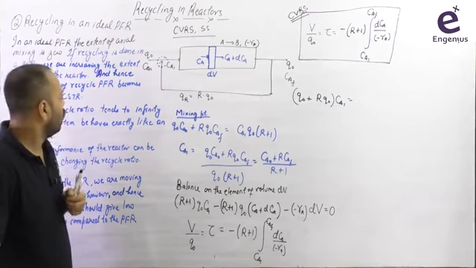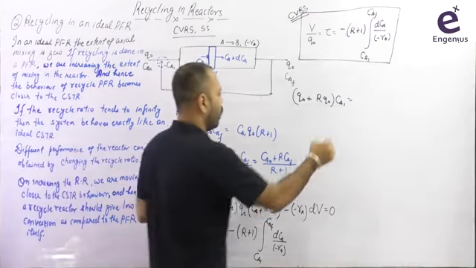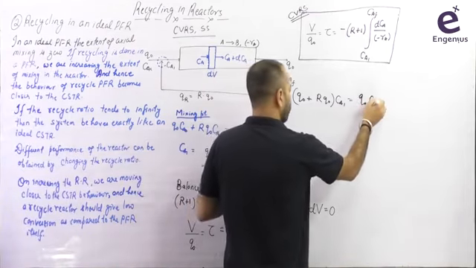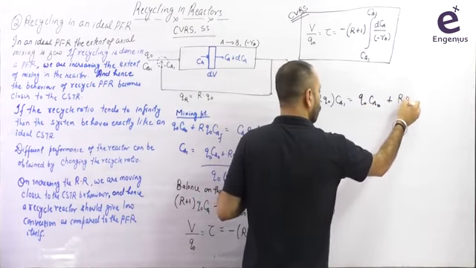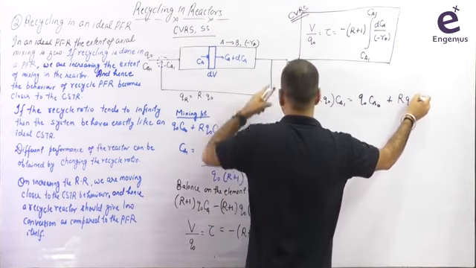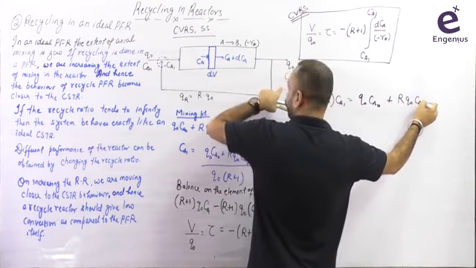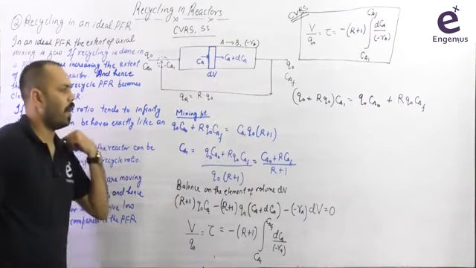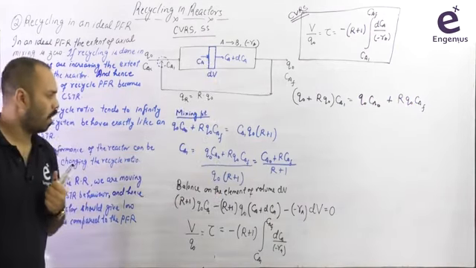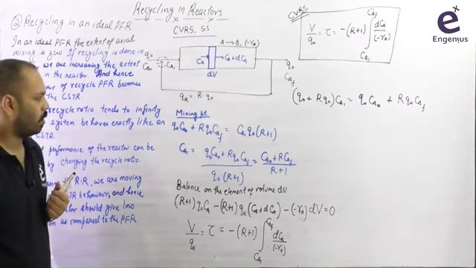The coming in is Q naught into CA naught, and what is coming in from here? That is RQ naught into CAF. Right. What I'm trying to do is write a relation so that I'll be able to explain the graph of this recycle reactor quite easily.